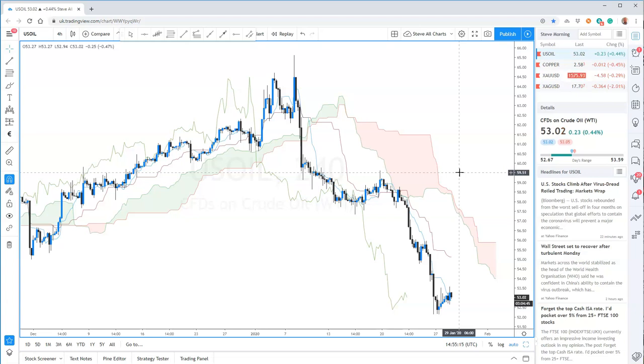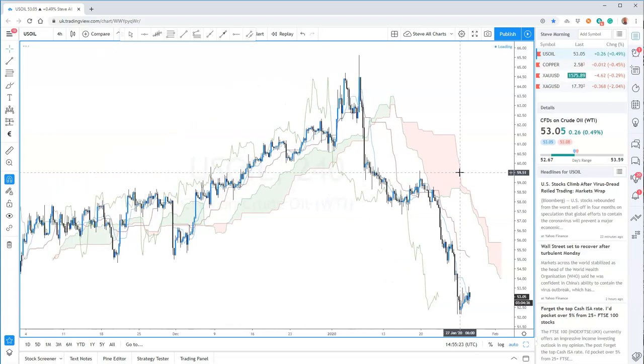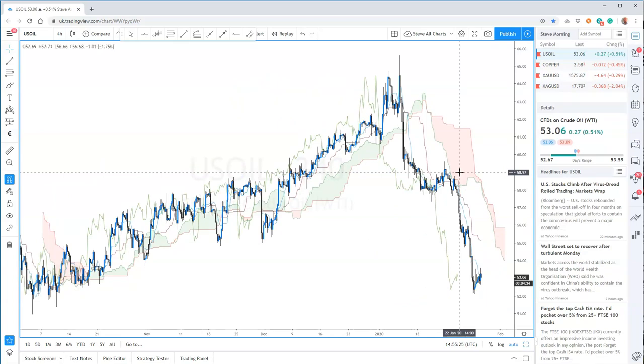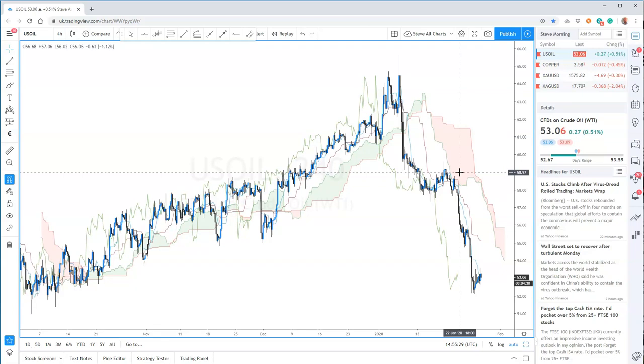There are a number of trading strategies built into the Ichimoku cloud, and these give you good target areas as well as decent stop loss areas.